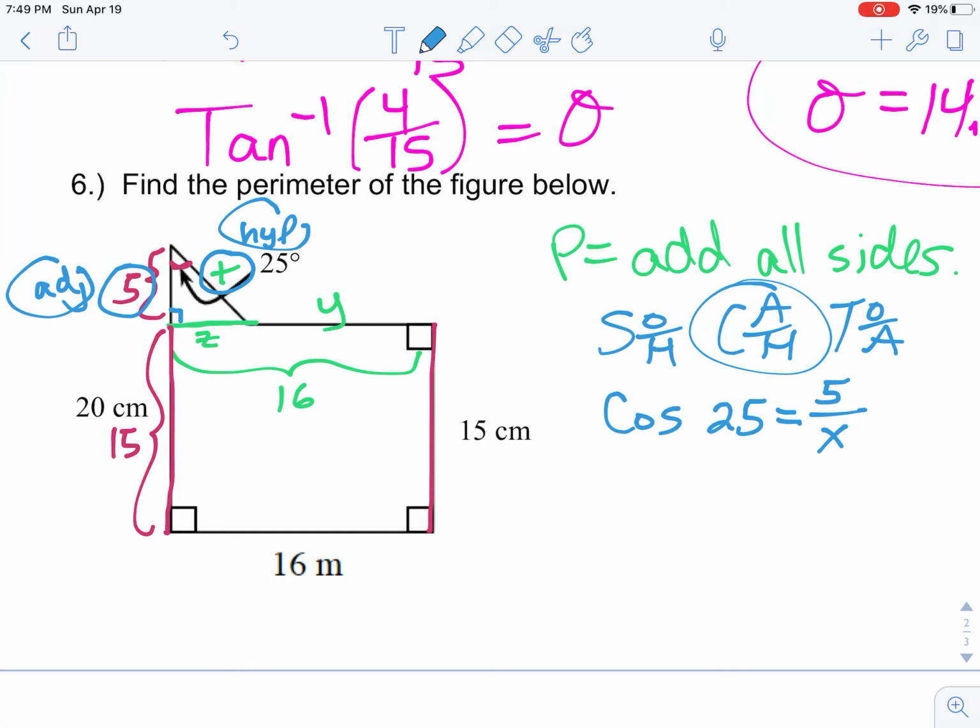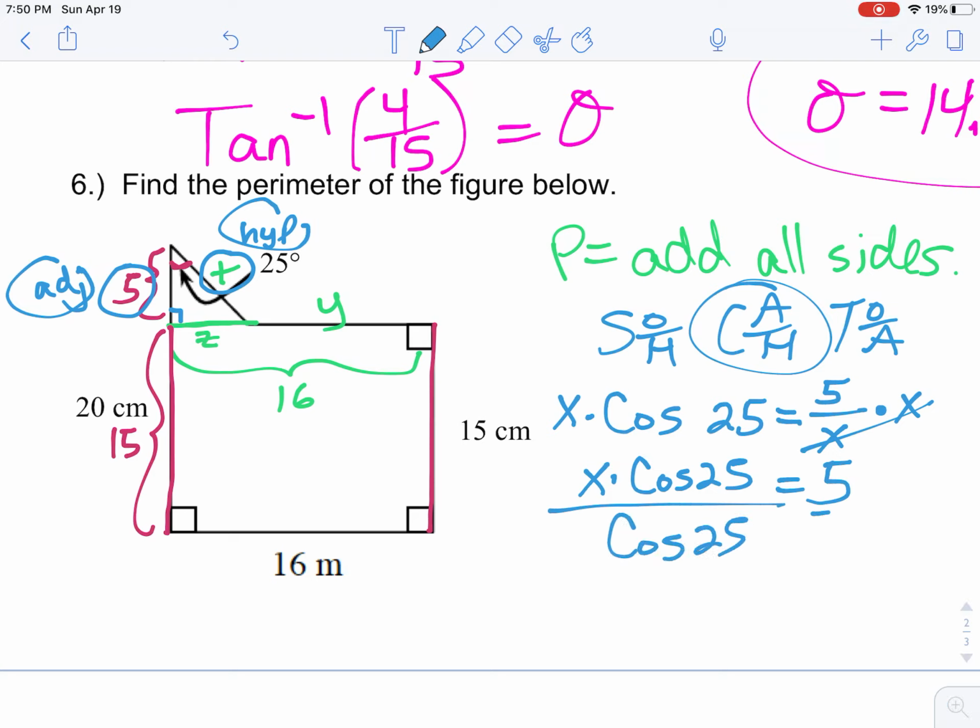And so now that I've set up that equation, I can go ahead and solve it. You can't solve for x when it's in the denominator, so let's first multiply by x to get it out. Now we're left with 5 equals x times the cosine of 25. I can't multiply x with the cosine of 25, so I'm just going to rewrite it. Now I want to get the x by itself, so I'm going to divide by the cosine of 25 on both sides of the equation.